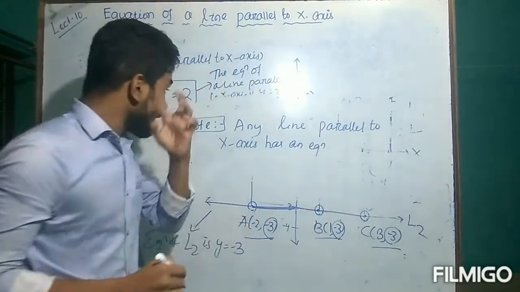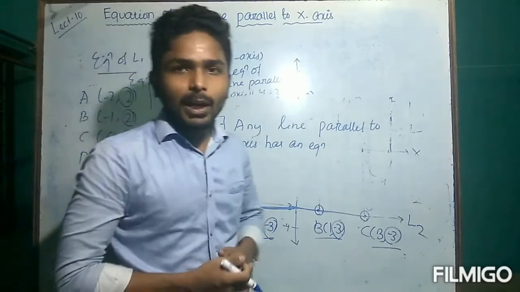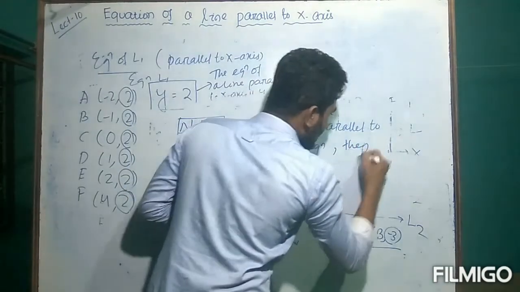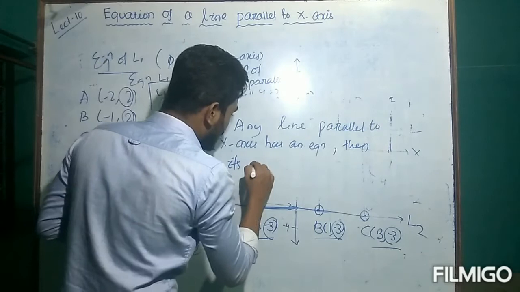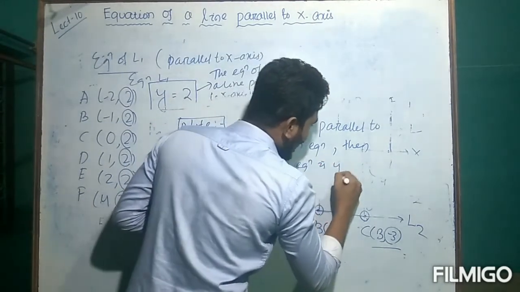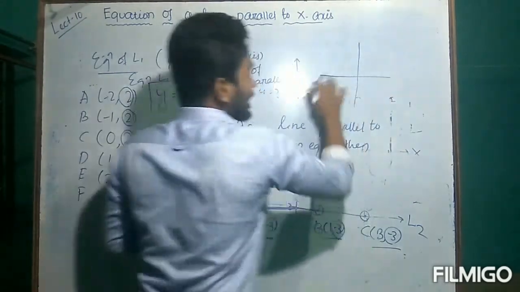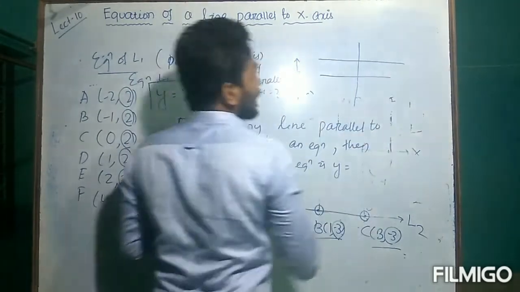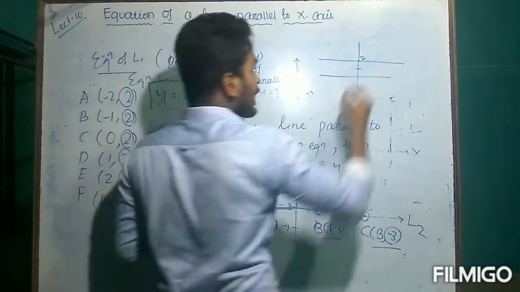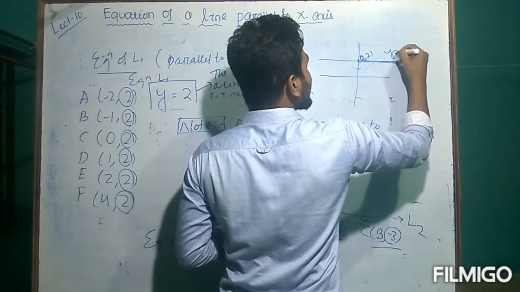If a line is parallel to the x-axis, then its general equation is y is equal to something, isn't it? If this is the x-axis, then you draw a parallel line. If it cuts the y-axis at the point 2, so the coordinate is (0, 2), hence the equation of this line is y is equal to 2.